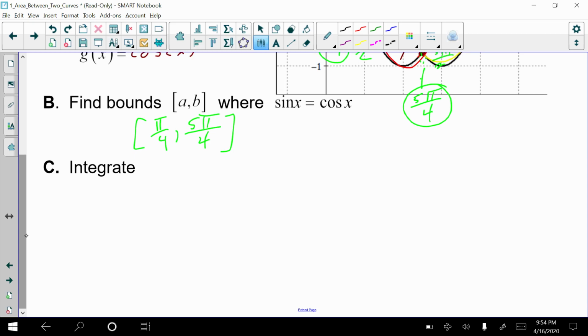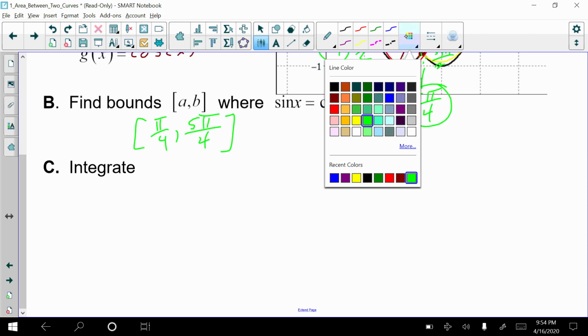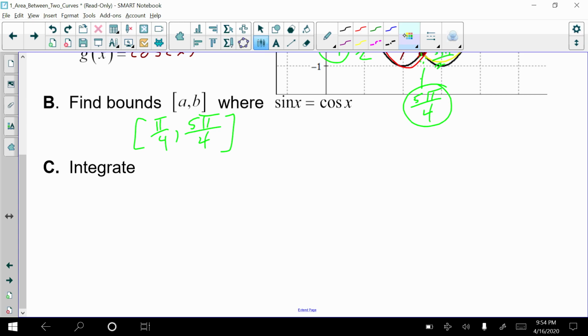So that is going to allow me to write a function here where I'm going to be able to integrate it. So I'm going to say A, just generically for area, is going to be equal to the definite integral from pi over 4 to 5 pi over 4.